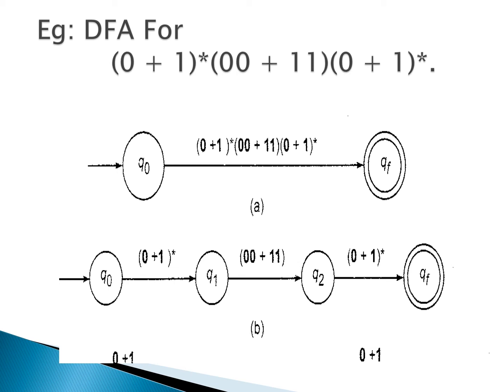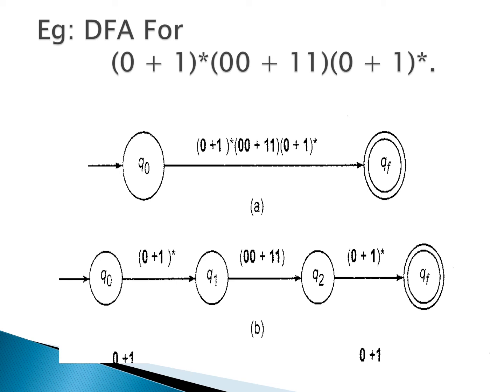There is an example regular expression given below: 0 plus 1 star, 0 0 plus 1 1, 0 plus 1 star. Now, in figure A, it is shown that Q0 and QF are the two states, where Q0 is the initial state and QF is the final state.